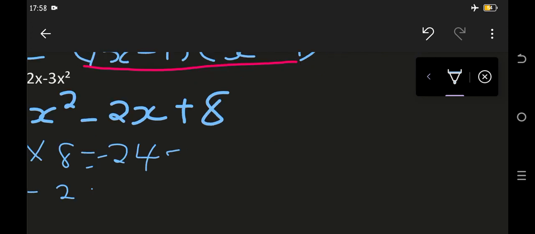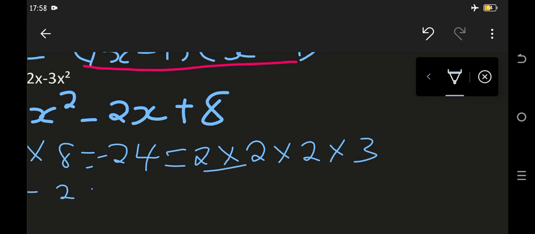This will be 2 times 2 times 2 times 3. And if you reduce that, you'll have 4 times 6. Now, if you take 4 times 6, you're going to get 24. But we want to get negative 24. This means that we'll either take negative 4 times 6 or negative 6 times 4.